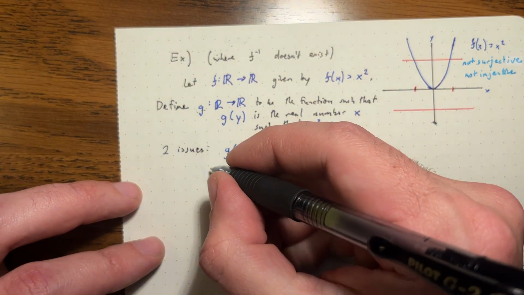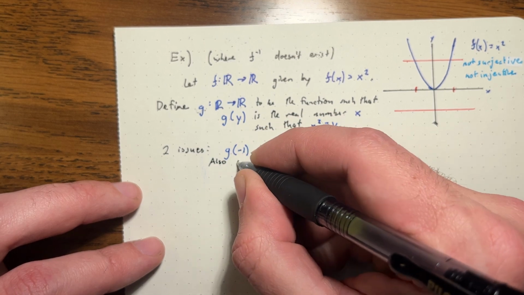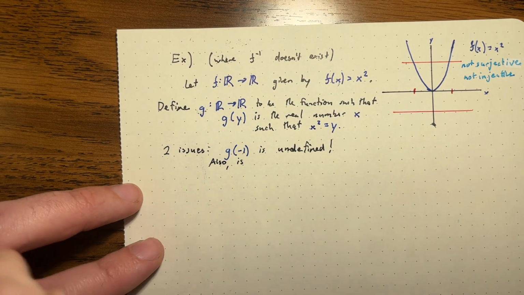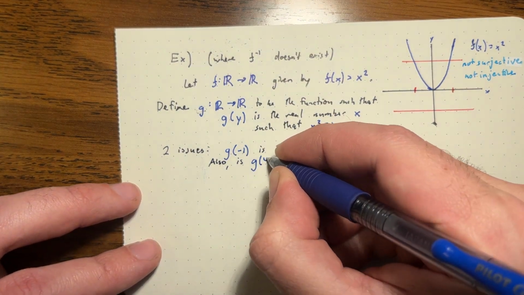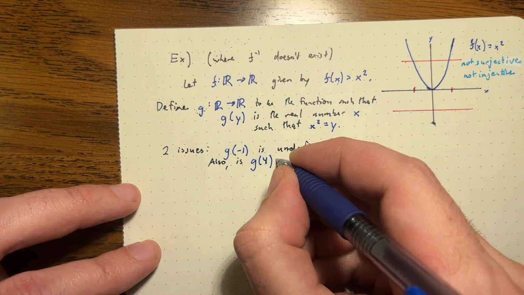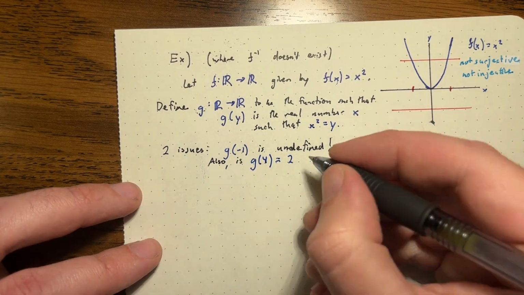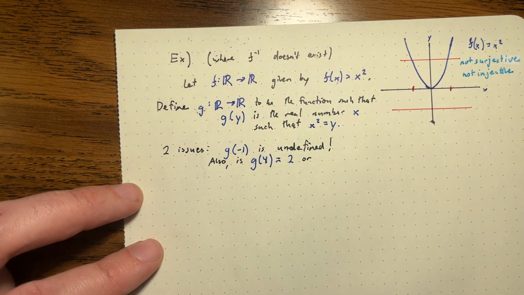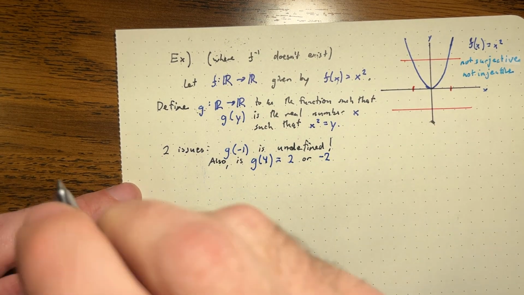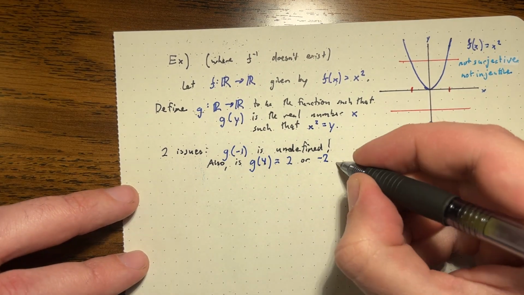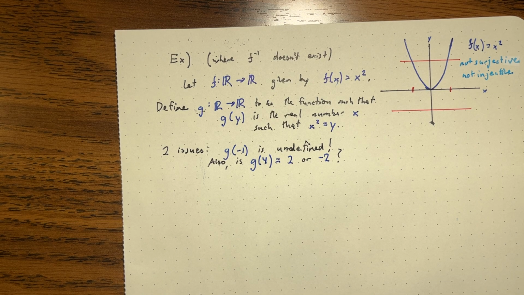There's another problem too. So also, for a specific example, what is g of 4? Is g of 4, so the number that you square to get 4, is that 2? Or, can you think of another number? Could have been -2, right? Yeah, so 2 issues here.